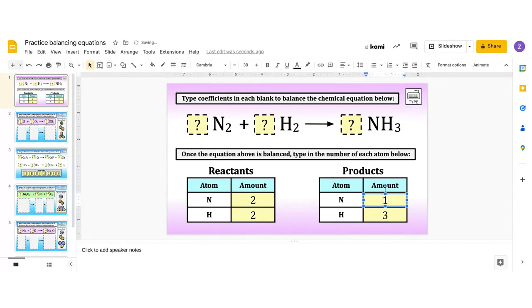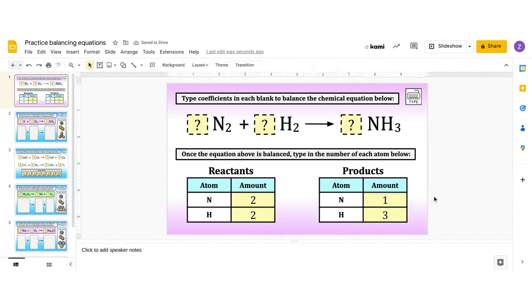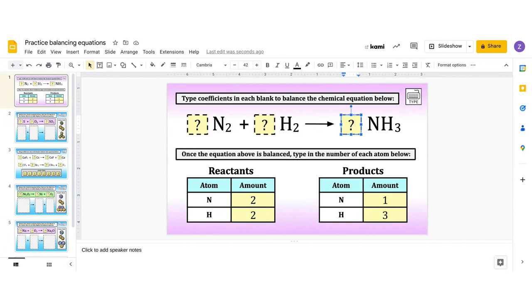Okay, so the first step we need to do is go to the side that has less and put a number in front of that. So we're going to go to the product side, see where the question mark is in front of that NH3. Let's make that a 2 so it matches the N's.